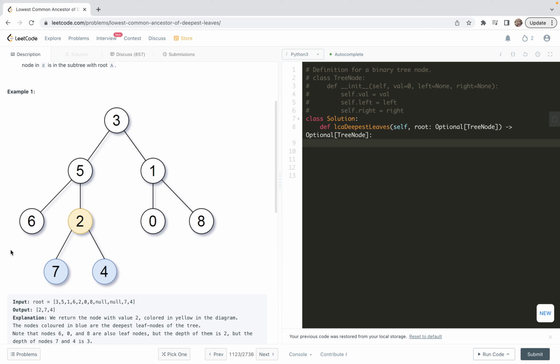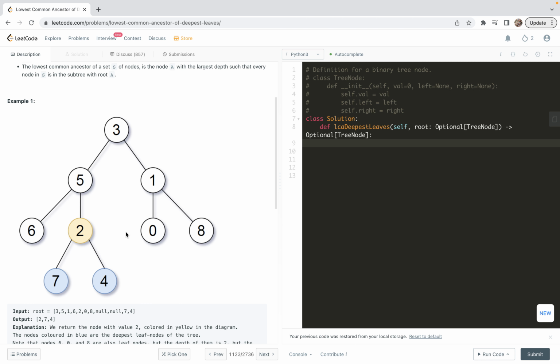If we ignore the last level, that is the nodes 7 and 4, then look at the tree ending at this level, 6, 2, 0, 8, then 3 will be the lowest common ancestor of these 4 nodes.